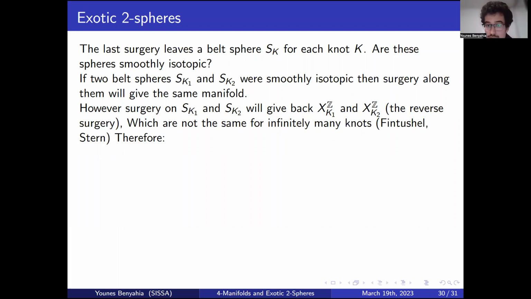If they were smoothly isotopic, then surgery along each one of them would give the same manifold. However, we know that surgery along SK1 and SK2 will give XK1Z and XK2Z. You are going back to the previous manifolds, which were exotic for many knots by Fintushel and Stern's theorem.